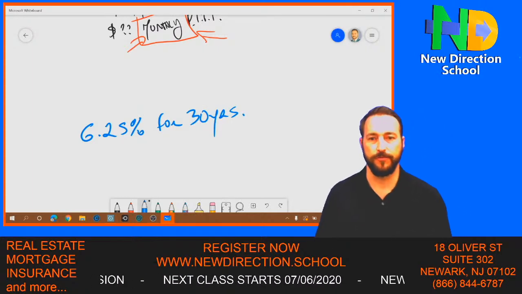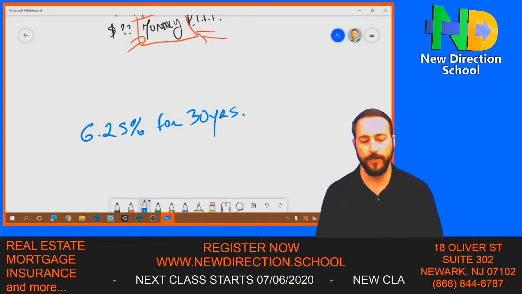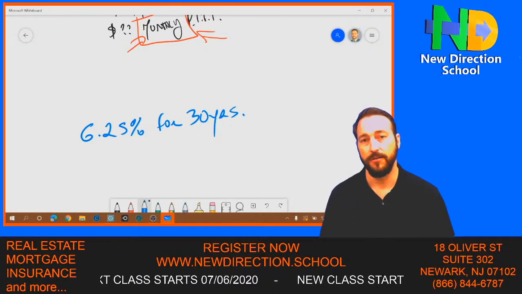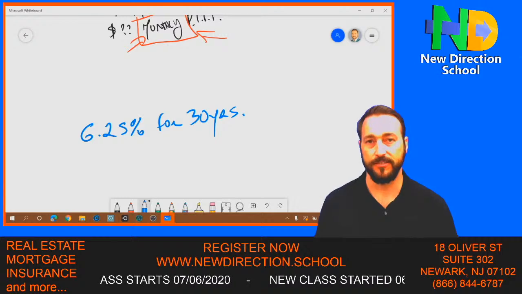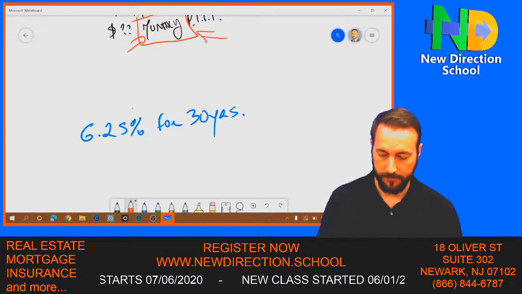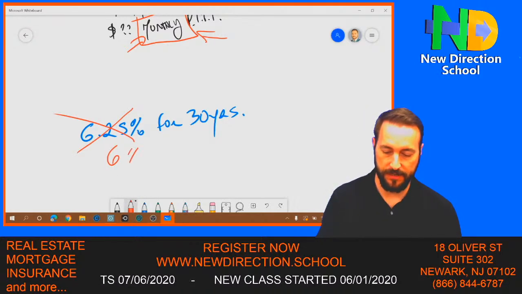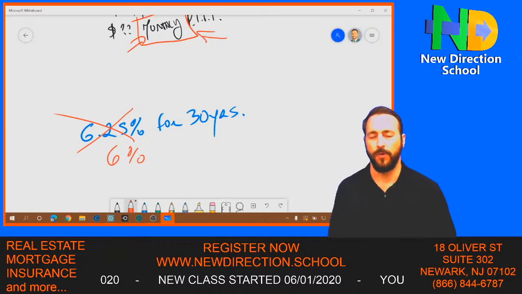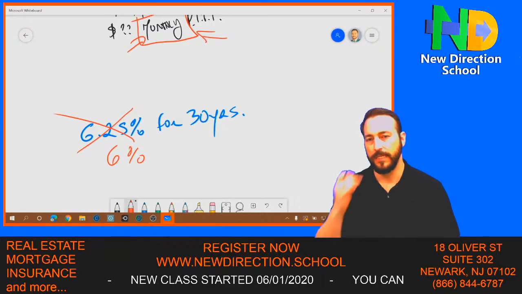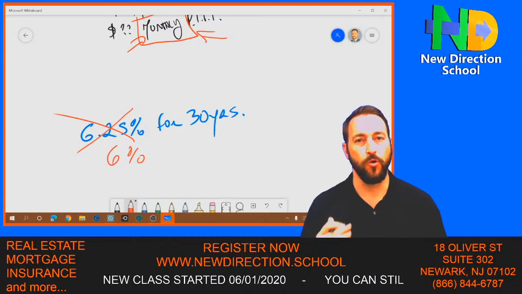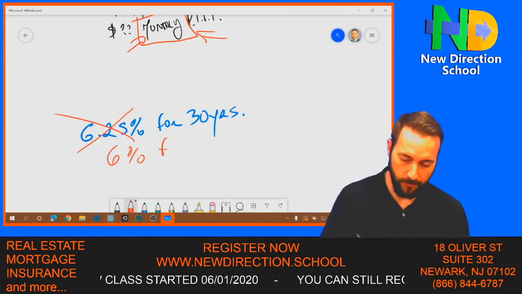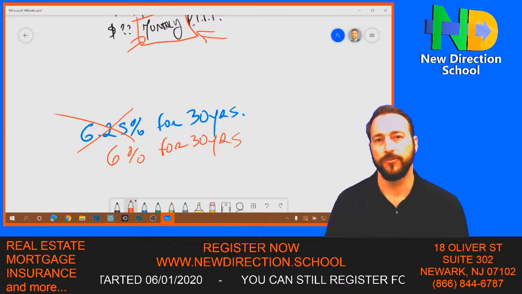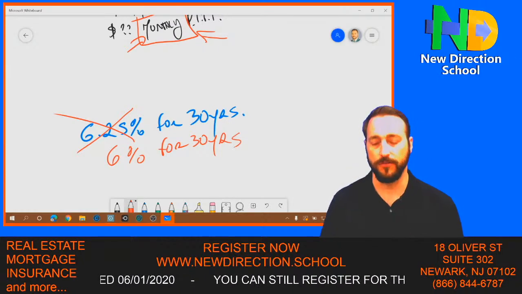And the bank tells you, hey, if you pay me 2 points up front, I'll reduce from 6 1/4 to 6%. And you're thinking, well, why would I reduce just a quarter? See, what you reduced was 1/4% for 30 years. So you paid 2 points up front for 30 years.